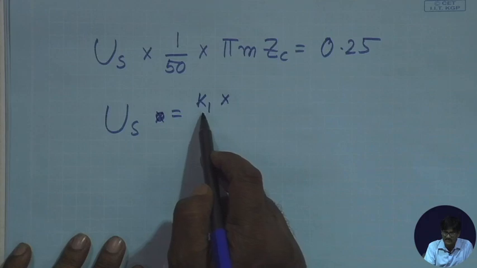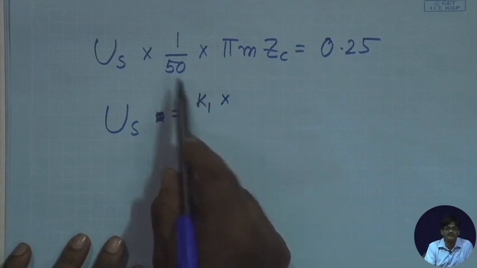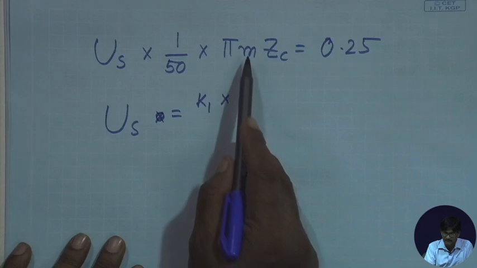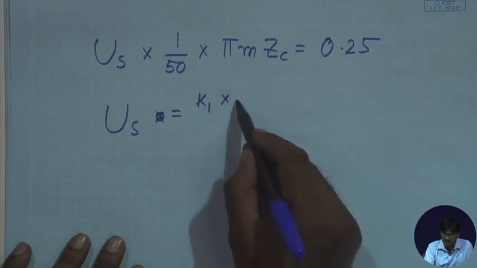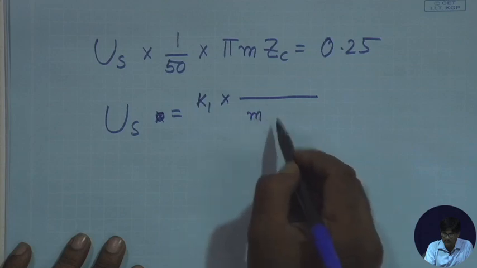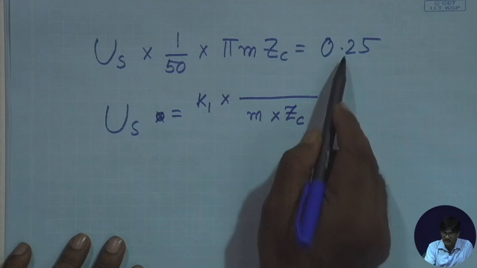So, let us say that k1 gulps down pi and gulps down this, collectively we are writing k1. So, what else is there? M goes down, number of cutter teeth that goes down, and this we generalize as the feed.